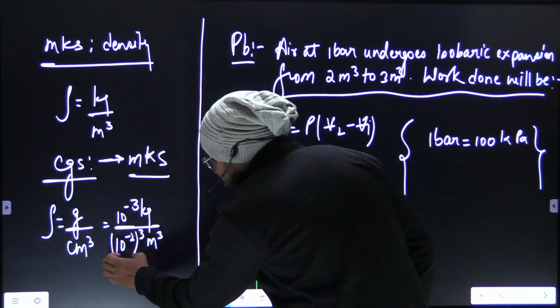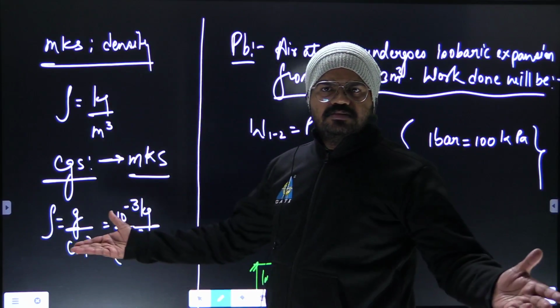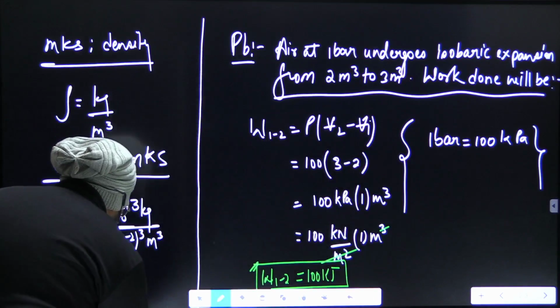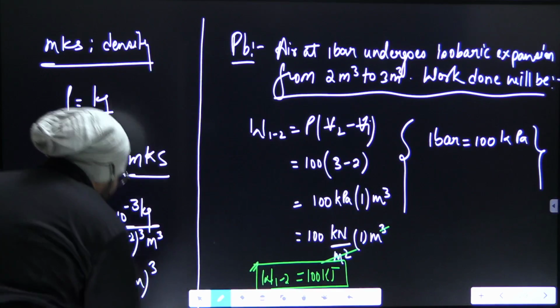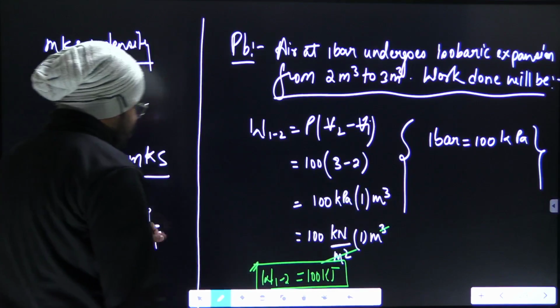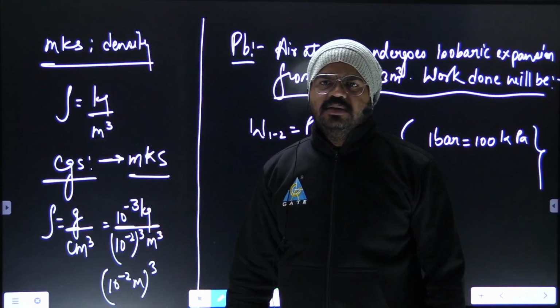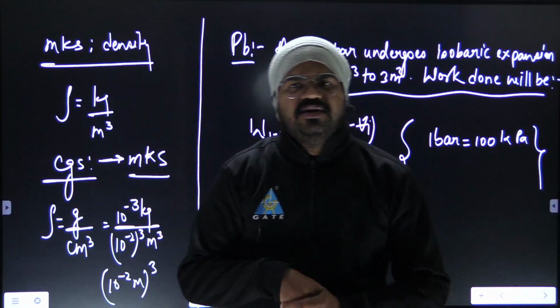Means I have to do 10 to the power minus 2 cube as well as meter cube. Simple. It is just like I have to write 1 centimeter is 10 to the power minus 2 meter, and I have centimeter cube. So that is why meter cube, cube. If it were square, it would have come square. So these are the basic mathematical things you need to take care of.